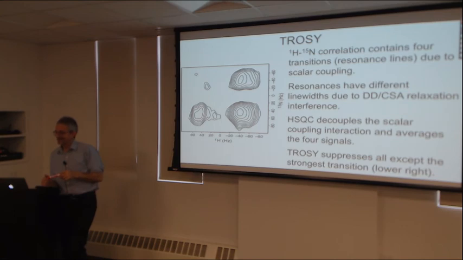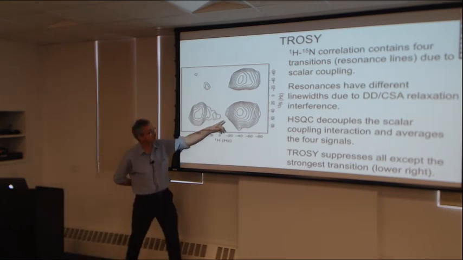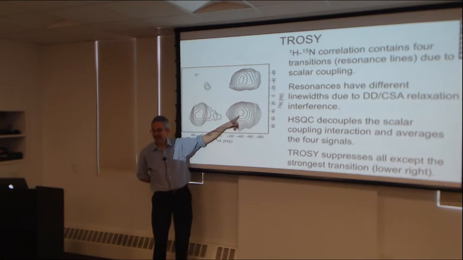So the chemical shift anisotropy coupling constant is about the same size for the hydrogen as it is for the nitrogen, and the dipole coupling is obviously the same. So that's fortuitous. So here's the case where we have the narrow doublet component in both dimensions, and there's a very strong peak.